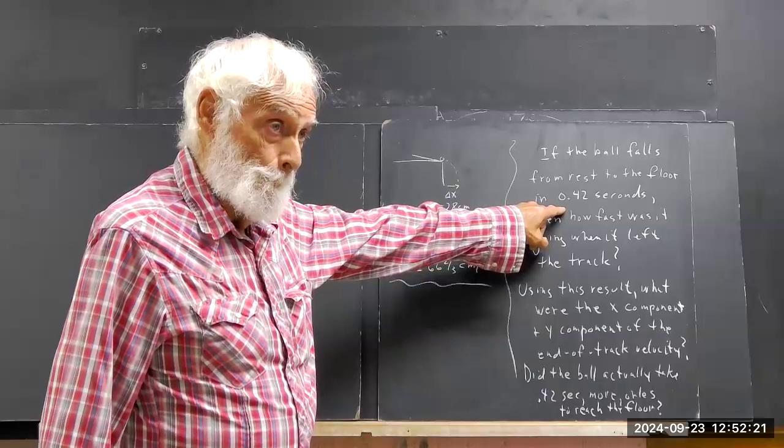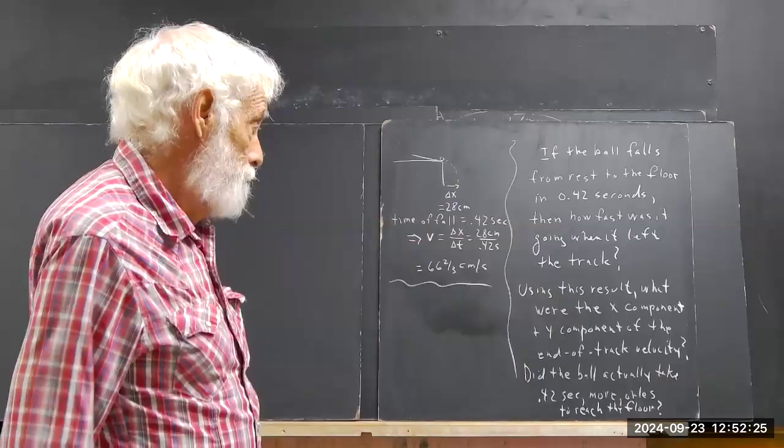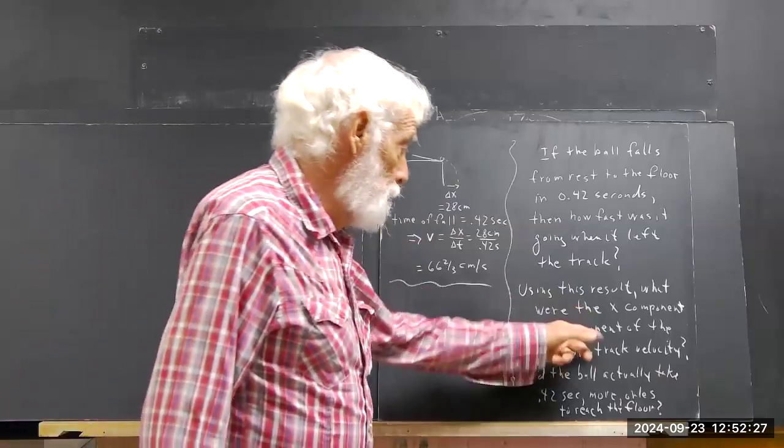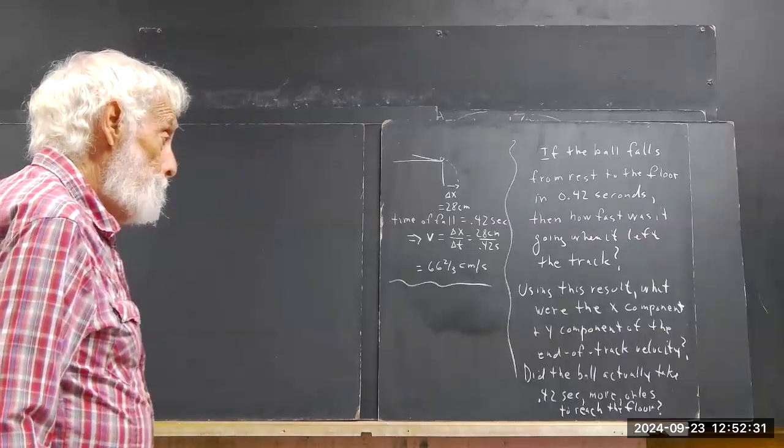Okay. Again, that's not totally accurate because, well, using this result, what were the x and y components of the end of the track velocity?